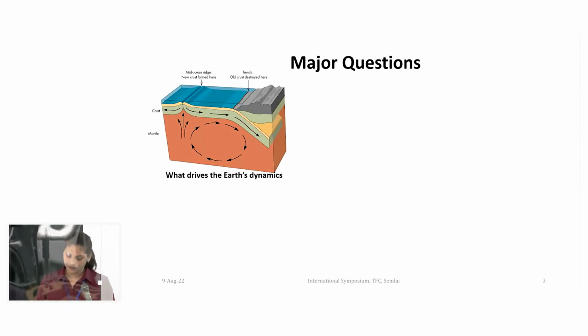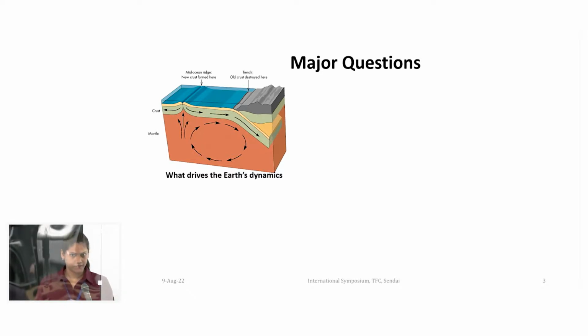First, the very important one is what is driving the Earth dynamics. So Earth, like any other planet, was very active throughout its evolution. In the beginning, Earth accretion was happening, and then there was metal-silicate differentiation, which led to the formation of the core.